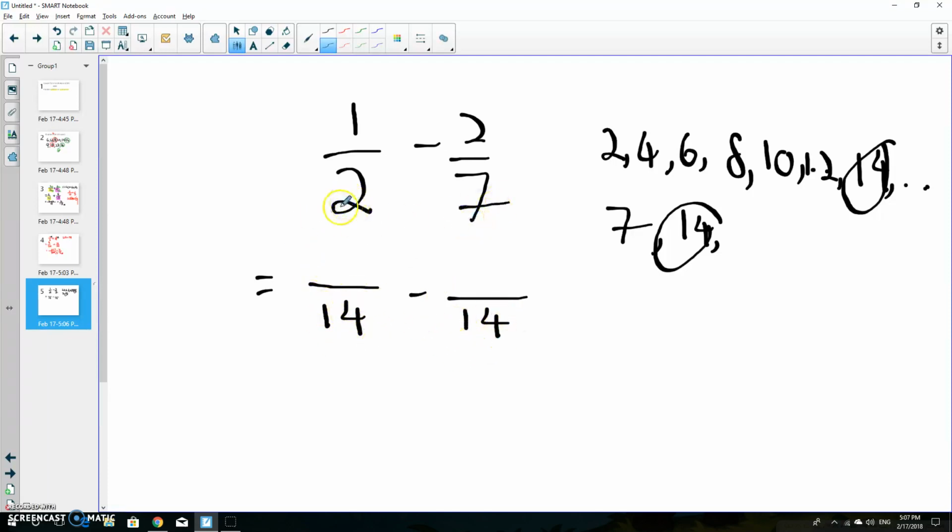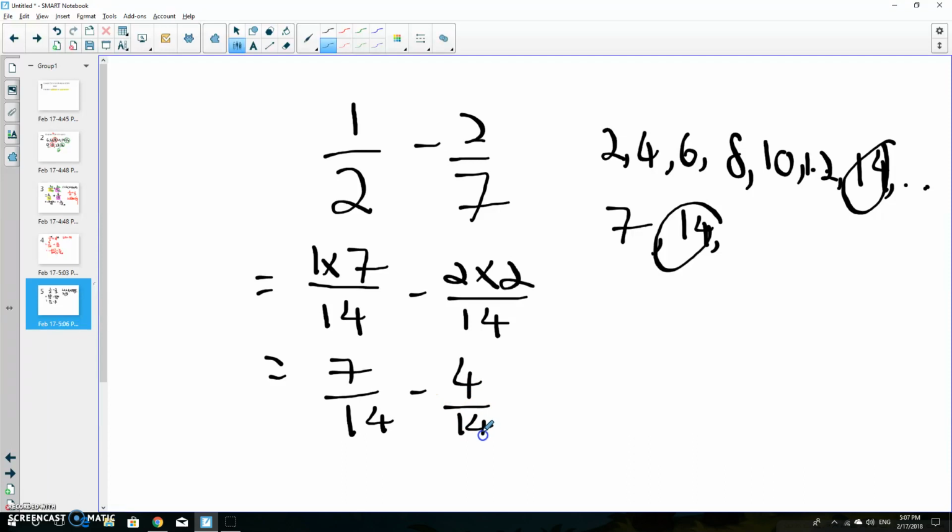So 2 times 7, that forces my 1 multiplied by a 7. That forces my 2 multiplied by a 2. So after the multiplication, you're going to get that 7 over 14, and then you're going to get that 4 over 14. And now you can finally do your subtraction. 7 minus 4 is going to be 3 over 14.